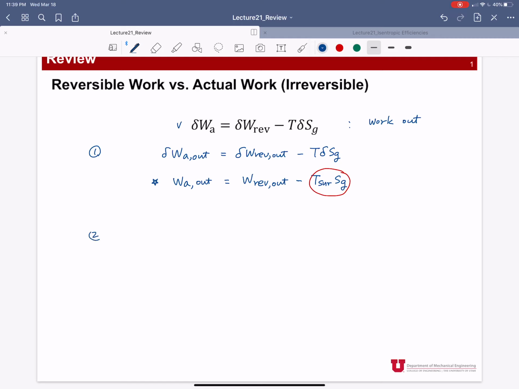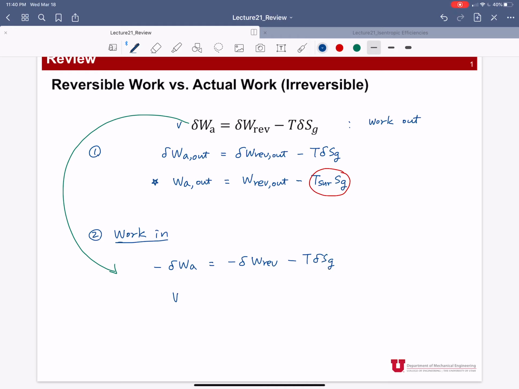We can do the same thing for work in. What does it mean? Work in means that your system needs work. A compressor or a pump are good examples of that case. So when your system needs certain work to operate, the top equation can be rewritten with a negative sign: delta W actual in equals minus delta W reversible in minus T delta Sg.